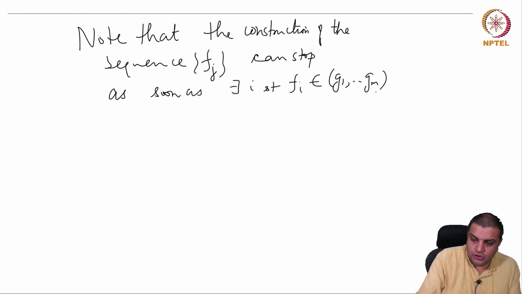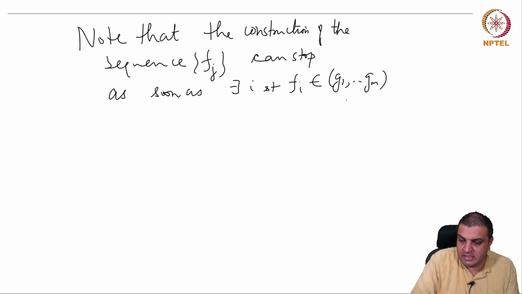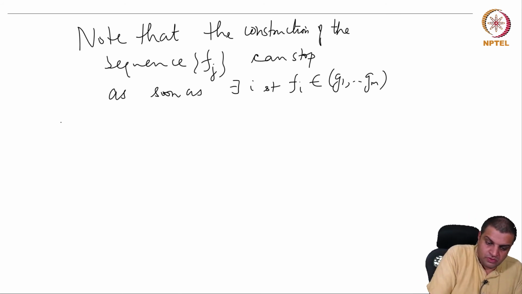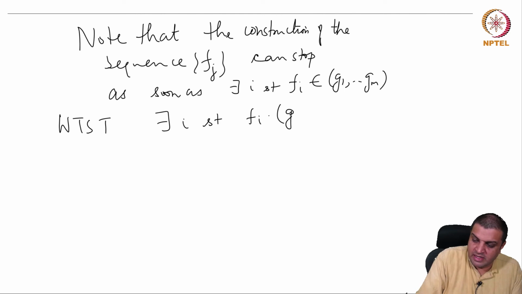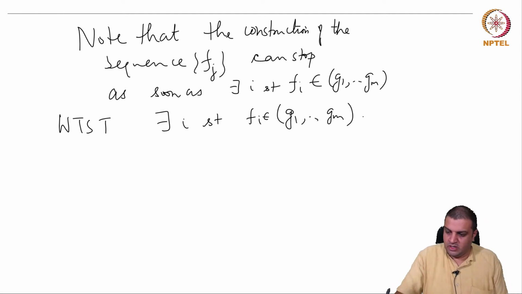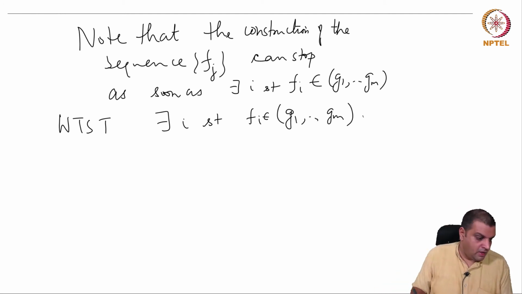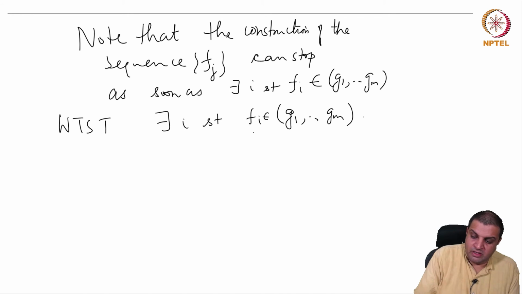So let's continue like this. We want to show that if you keep constructing like this, we would end up with an i such that fi is inside the ideal generated by G1 through Gm. So this is what we want to prove.